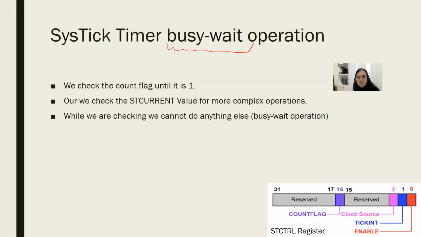Well, you can just busy wait for that value reading the current register. But remember, this is another busy-wait operation. And if you're checking the STCURRENT register or the count flag, whatever it is, you won't be able to do anything else. That's why it's called a busy wait operation. Any questions?